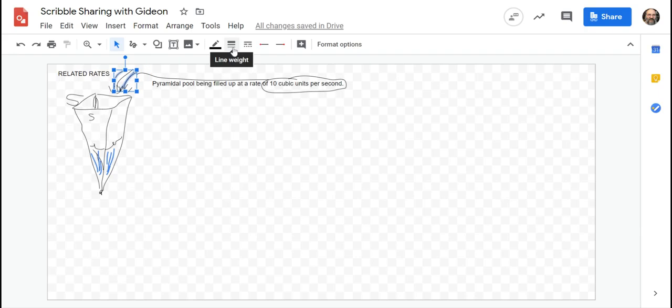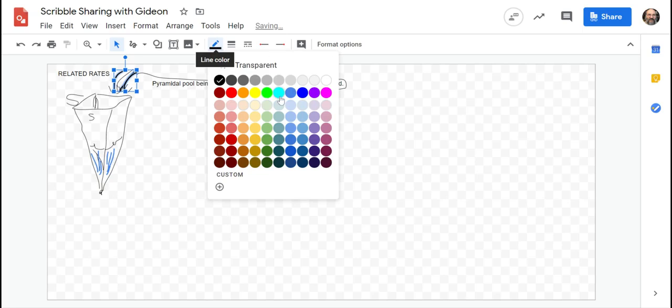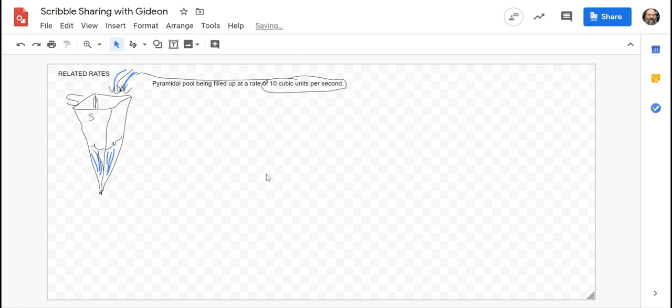I don't want to make too big a deal about this, but it'll be kind of nice. All right, a little bit of blue helping you see the rate of water going in and that we're at a certain depth.